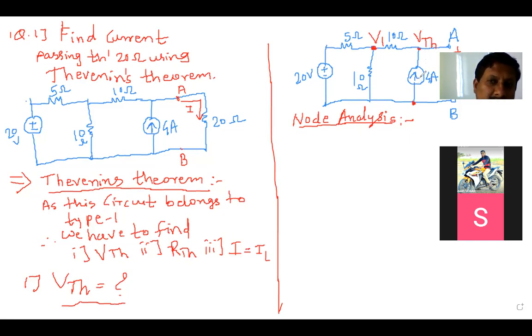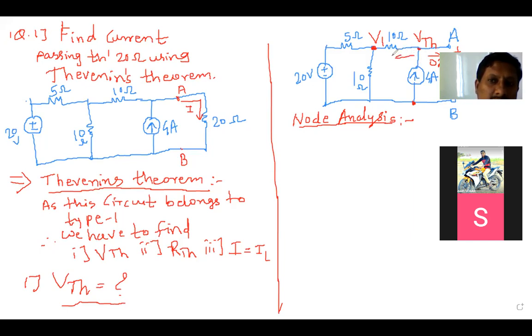Now, this 4 ampere current either goes to the right hand side or the left hand side, or it is dividing. What will happen to the 4 ampere current? Will it divide? Will it go fully to the left or to the right? See, the right hand side is open circuit, meaning the current is 0 there. So 0 ampere through the right hand side.